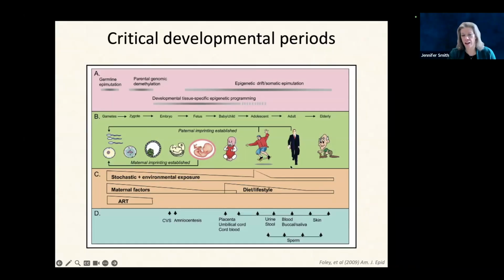Then you have changes around adolescence that are important, that are epigenetically different, and during aging. And so there's these critical time periods where your epigenome is forming, where exposures could be particularly important. So there's these sensitive time periods where you might be especially sensitive to exposures and their impact on your epigenome.